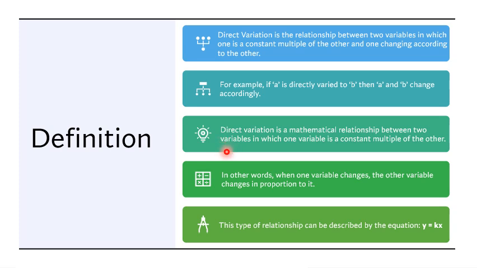And we can as well say that direct variation is the mathematical relationship between two variables in which one variable is a constant multiple of the other. In other words, when one variable changes, the other variable changes in proportion to it.